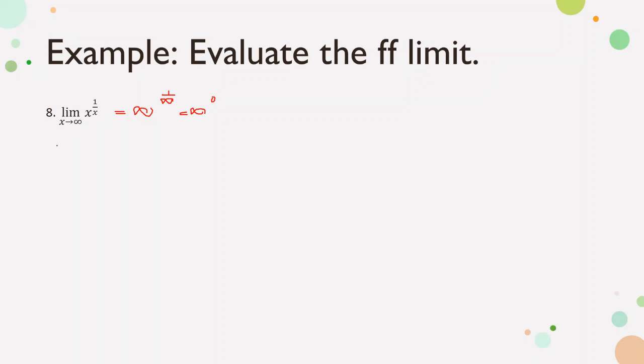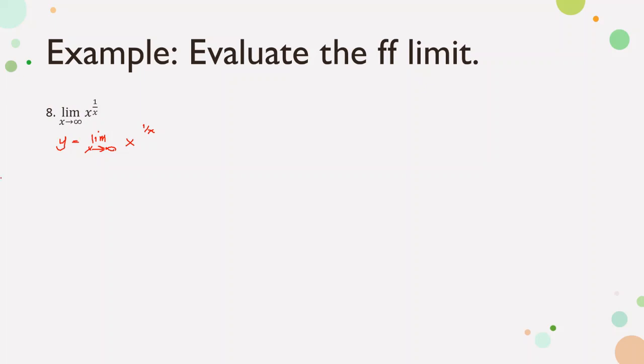First was to equate this to any other variable. Let's have that as y. We'll equate this to y. y is equivalent to the limit of x approaches infinity of x raised to 1 over x.